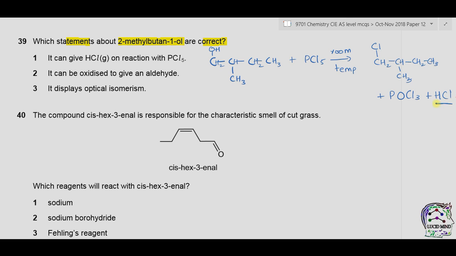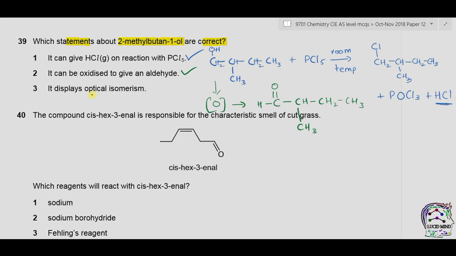So HCl gas is formed in this reaction, so statement 1 is correct. Number 2, it can be oxidized to give an aldehyde, as we have primary alcohol, and primary alcohol can be oxidized to form aldehyde. The product will be like this. Statement 2 is correct.